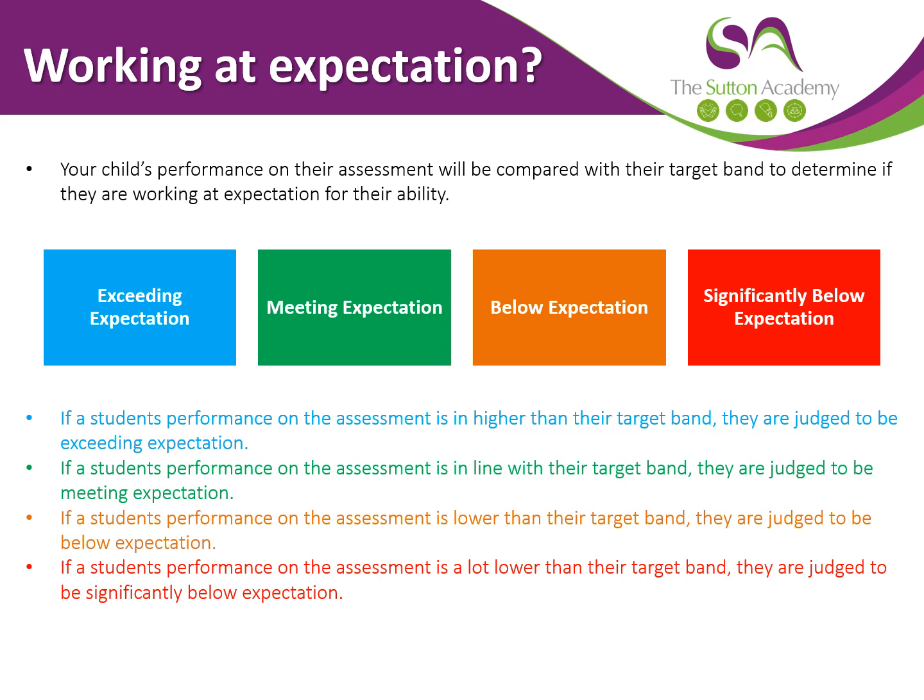If your child's performance on their assessment is higher than their target band, then they will be judged to be exceeding expectation. If their performance is in line with their target band, then that will be meeting expectation. If a student's performance on the assessment is lower than their target band, then they will be judged to be below expectation. And if it is a lot lower than their target band, they will be judged to be significantly below expectation.